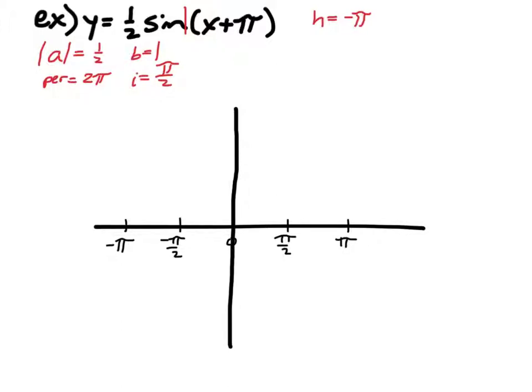So that 1/2 is just going to be added to 0 and taken away from 0. So 1/2, negative 1/2. Okay, so that half and negative 1/2, those are my max and min. So the max is 1/2, the min is negative 1/2.